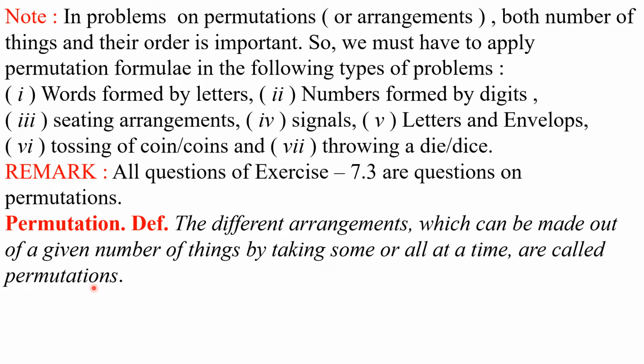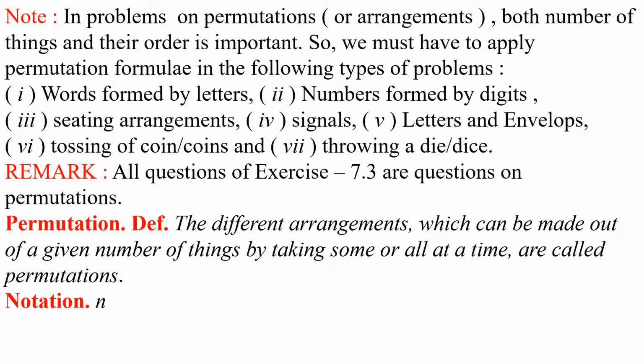Understood this point, my dear children? This is the definition of permutation. Permutation is different arrangements which can be made out of a given number of things by taking some objects or all the objects at a time. These are called permutations. Okay, my children, right.